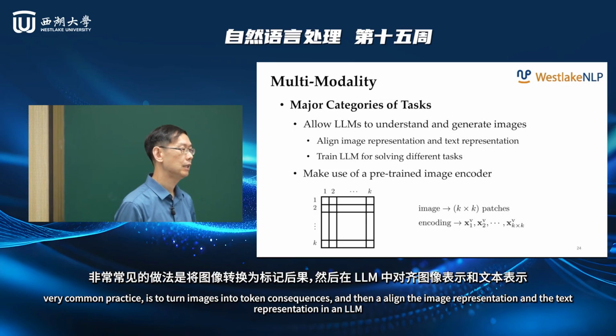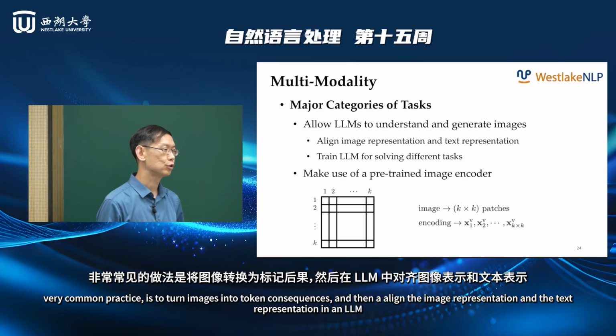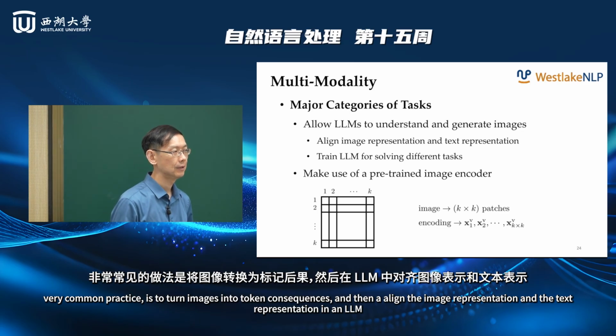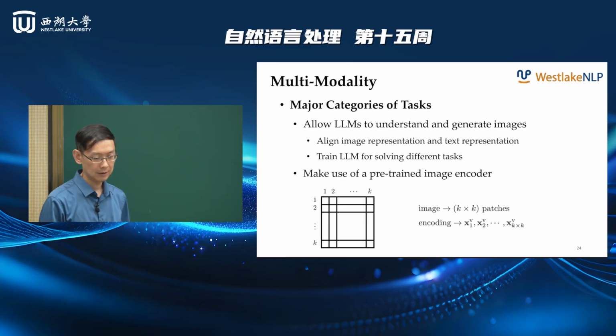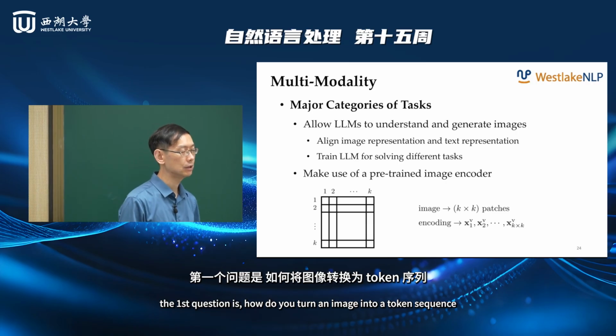A very common practice is to turn images into token sequences and then align the image representation and the text representation in an LLM.